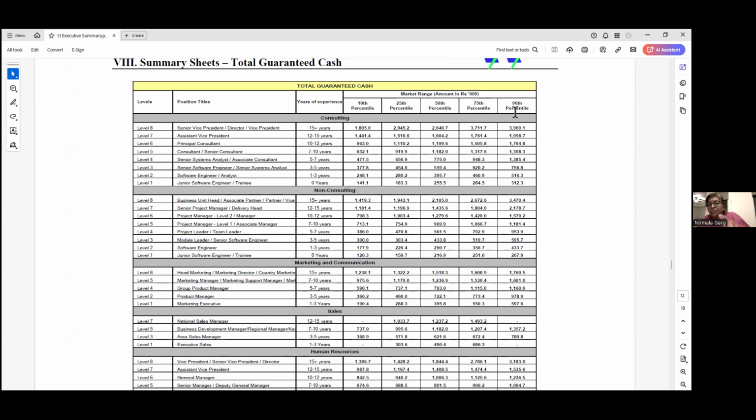Like here, the comparator data we looked at is 25 employers. So the data could be N number, right? But what did Sagar get? That means 15% of people got higher than Sagar, and 85% of people got lesser than Sagar.